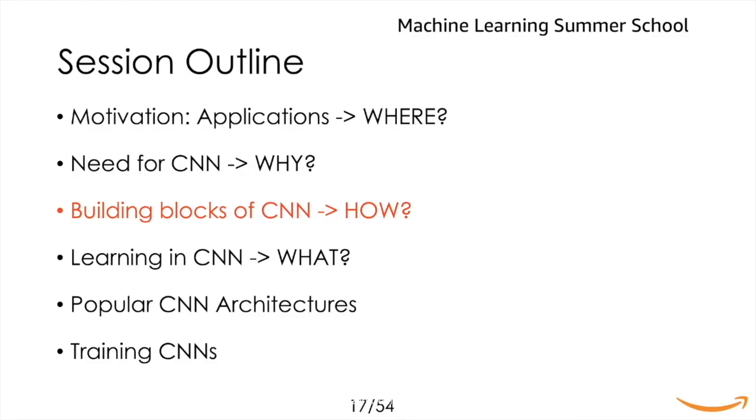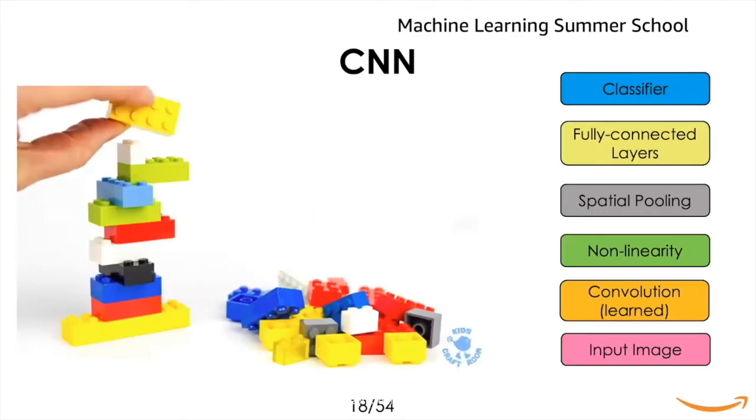Now let's look at the building blocks of CNNs. CNNs are very similar to ordinary neural networks in the sense that they are made of neurons with learnable weights and biases. Each neuron receives some inputs, performs a dot product, and optionally it is followed by a nonlinearity. The output layer still has probability scores for each class in the case of a classifier.